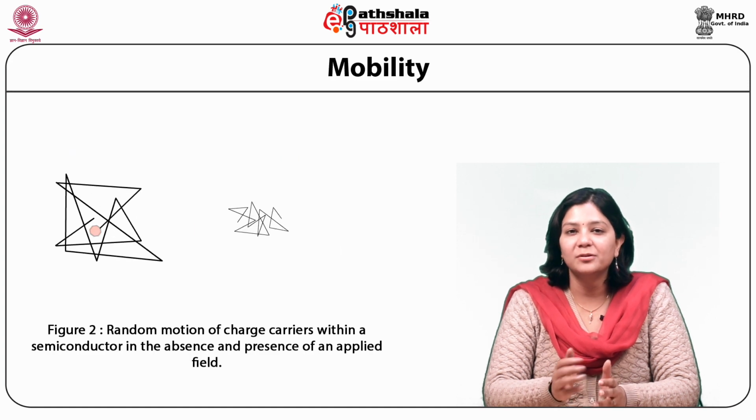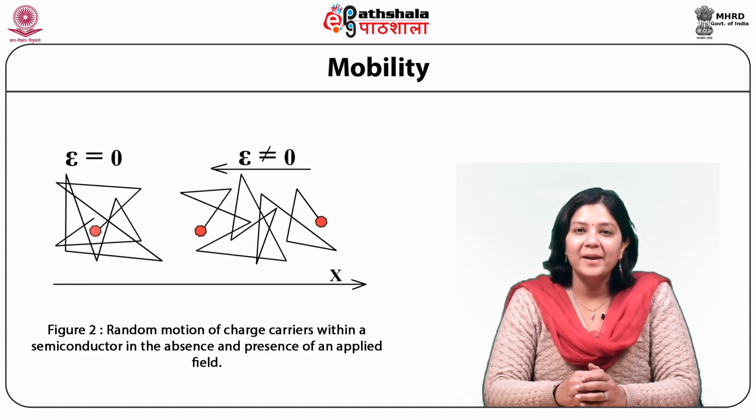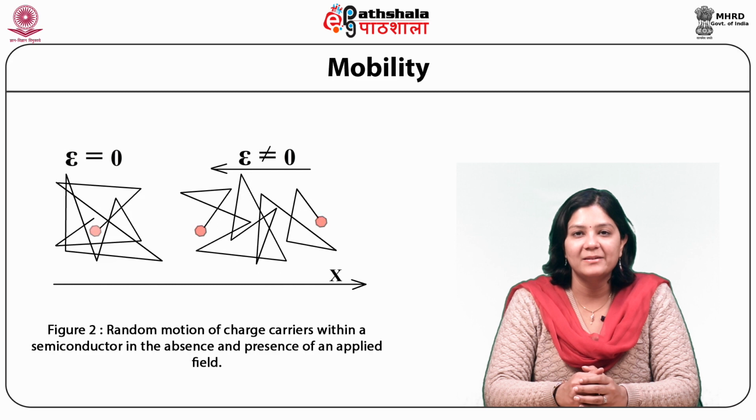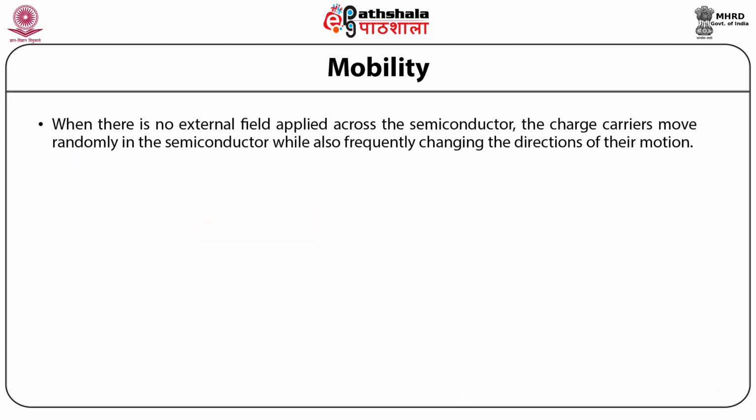So the figure shown on the screen depicts the motion of charge carriers both in the absence and presence of an applied electric field. When there is no external field applied across the semiconductor, the charge carriers move randomly while also frequently changing the direction of their motion.